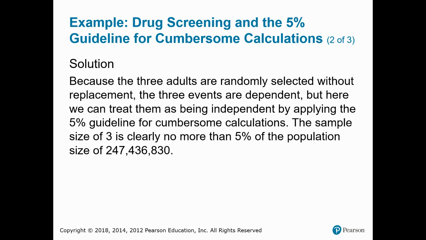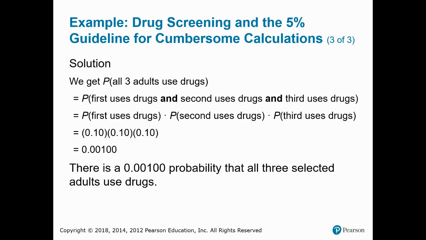We'd have to do 436,830 over 247,436,830 for the first probability, then 247,436,829 for the second probability, and then 828 on the end for the next one. It wouldn't make sense to do that. We're going to use that 10% probability that the problem told us about: 10% times 10% times 10%.